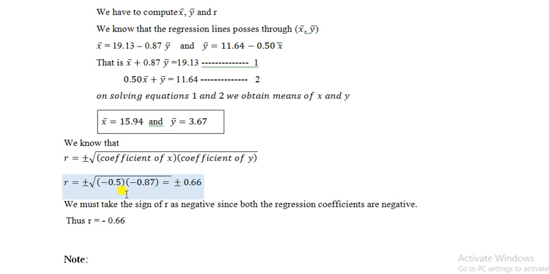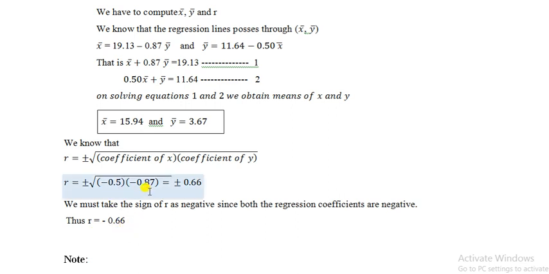After simplifying these two numbers, we get plus or minus 0.66, and here we use the r value as minus 0.66 because the coefficient of x and the coefficient of y are both negative numbers. Therefore we use the r value as minus 0.66.